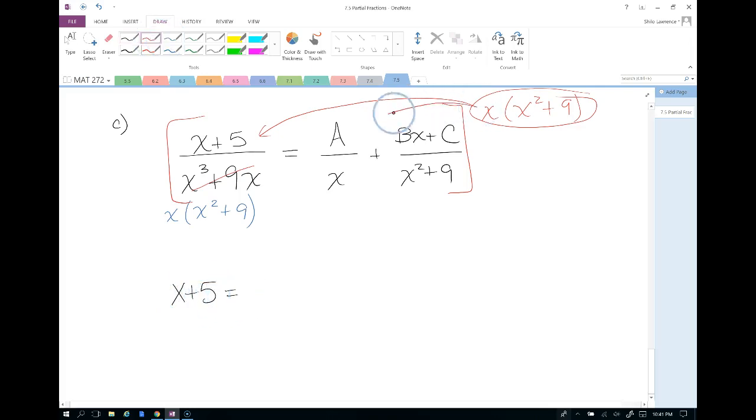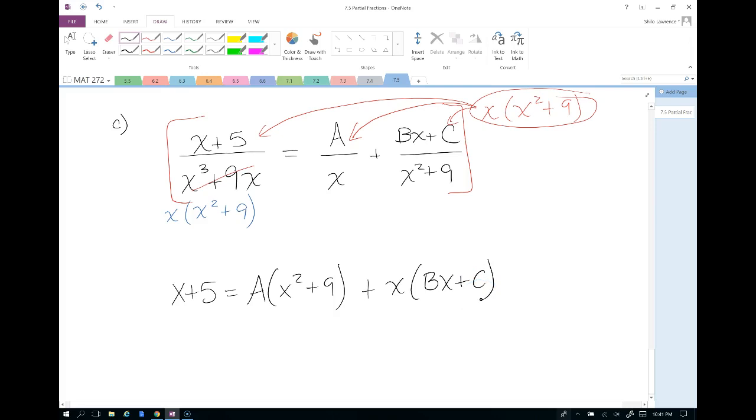When we distribute to our a fraction, the x's will cancel, and we'll be left with a times x squared plus 9. And then when we distribute to the bx plus c fraction, the x squared plus 9's cancel, and we're left with x times bx plus c.